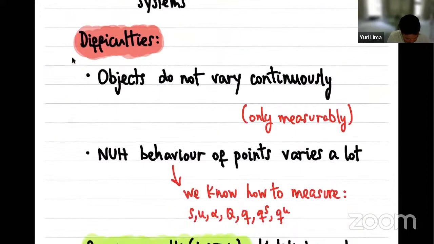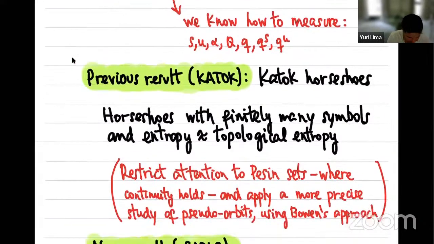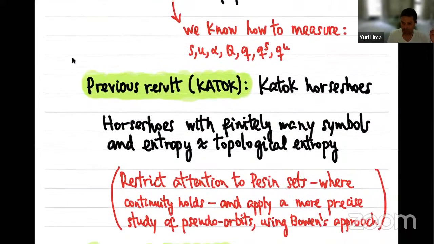Well, something was known, and it was due to Katok. It's a quite old and famous result from 1980, in which he constructed the now called Katok horseshoes. So in the context of surface diffeomorphisms, what Katok did was: if this surface diffeomorphism has positive topological entropy, then you can find actual horseshoes with finitely many legs.